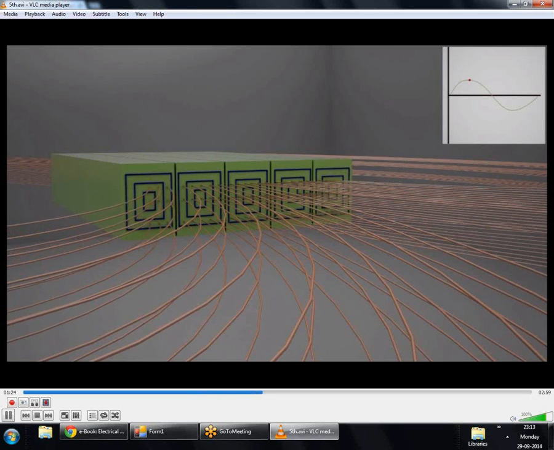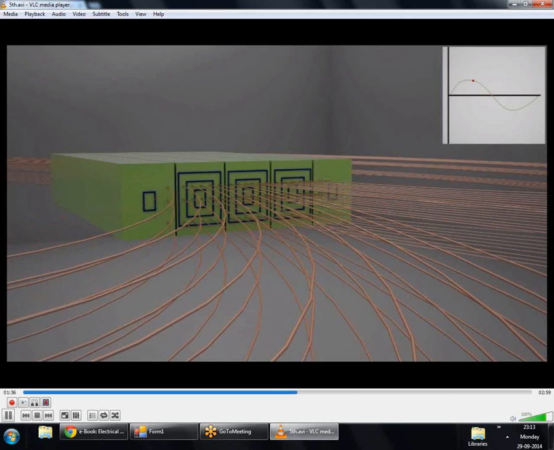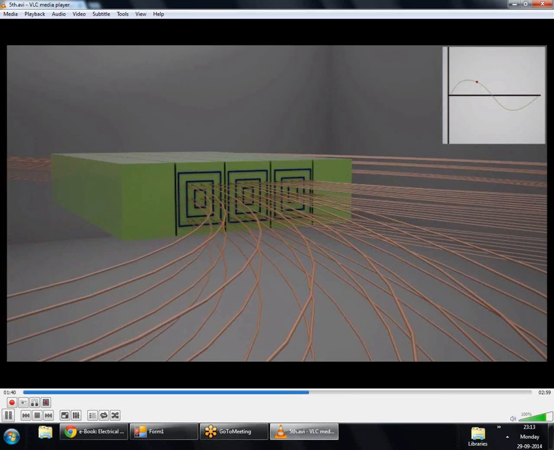As a result of this lamination, the electrical resistivity of the ferromagnetic core has increased, and this increased electrical resistivity results in a decrease of the ohmic losses.